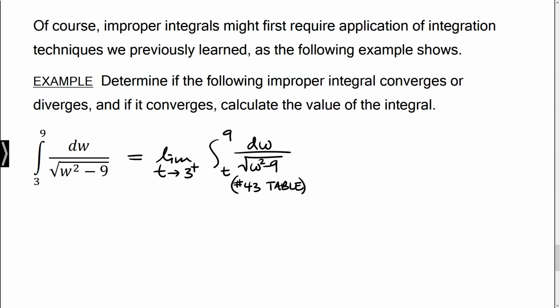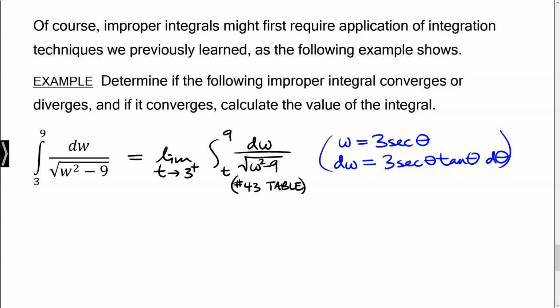So for the trig substitution, we want w to be 3 times secant theta. If you remember the 3 different types with sine, tangent, and secant, this is the one where secant is the appropriate one. So w is 3 secant theta. dw is 3 secant tangent d theta.